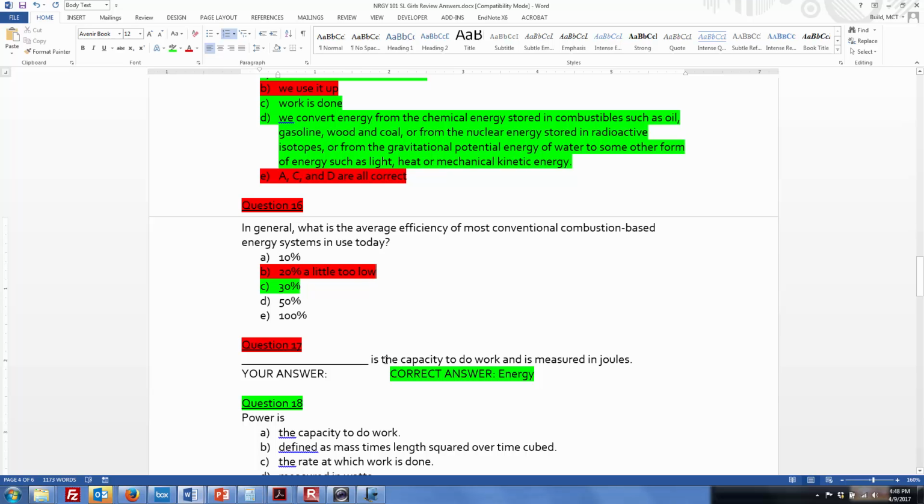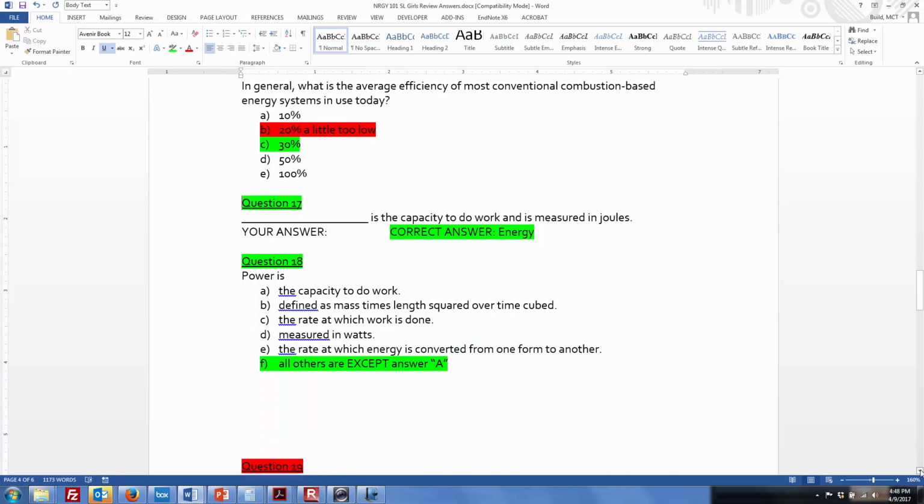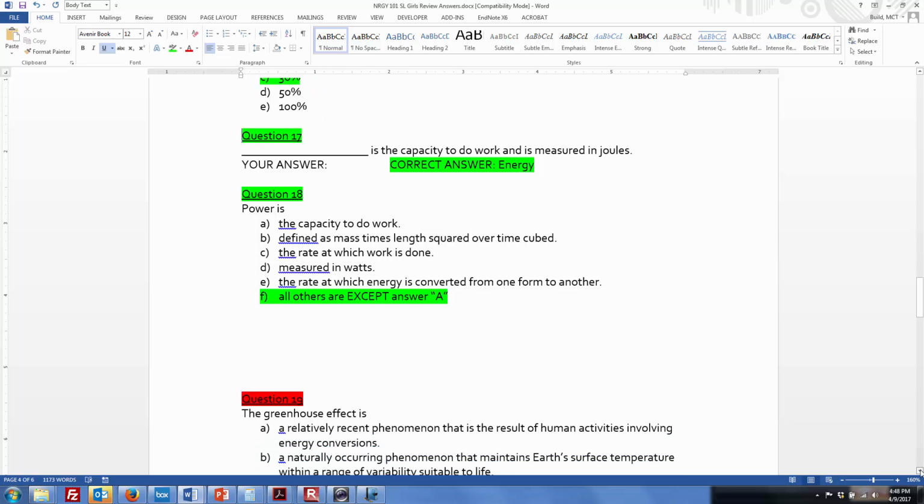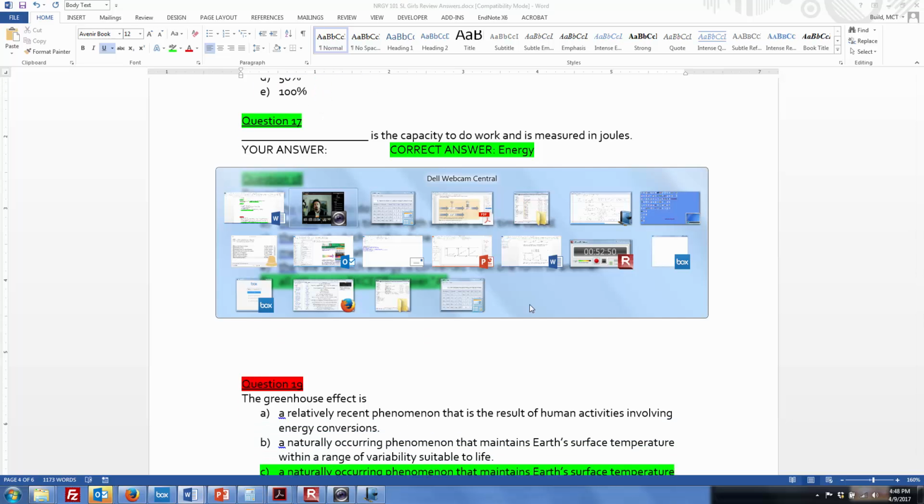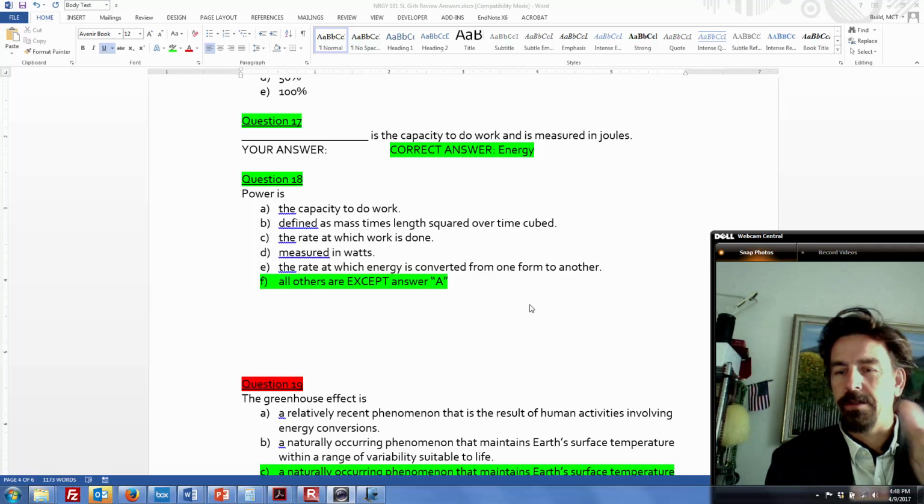Question 17. Blank is the capacity to do work and is measured in joules. That's correct. Oh, good job. Question 18. Very good job.